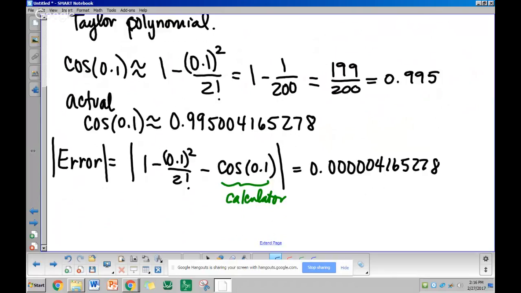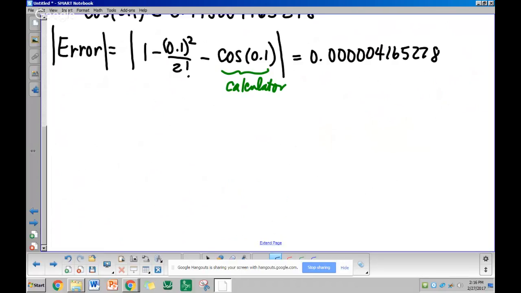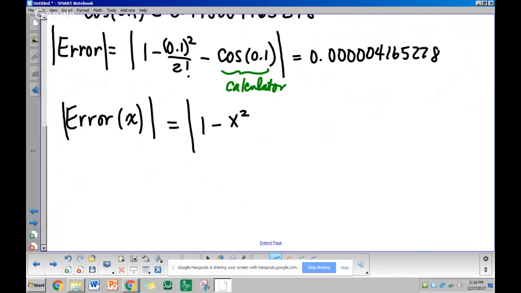Okay. Well, would it be nice if I could look at the error as a function of x? What would that be? Minus?